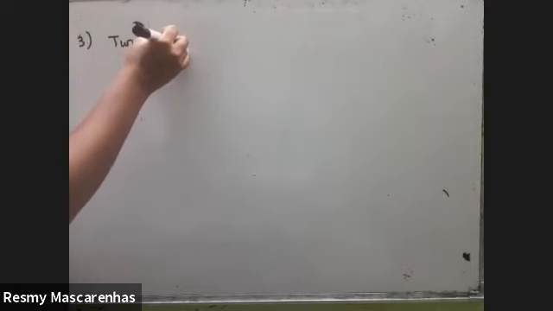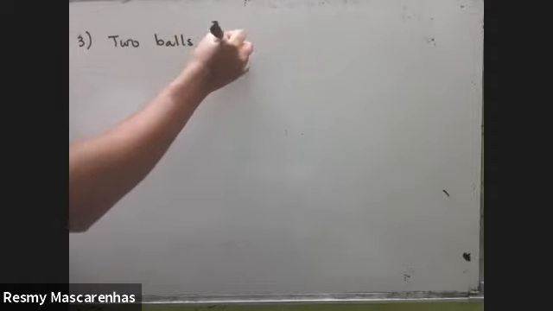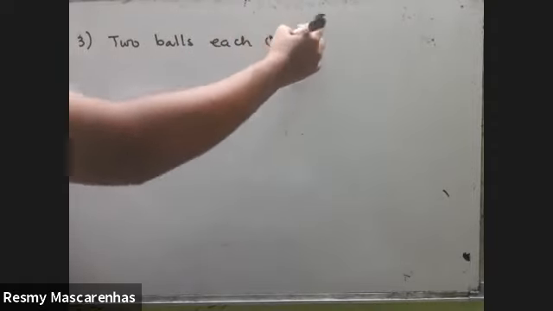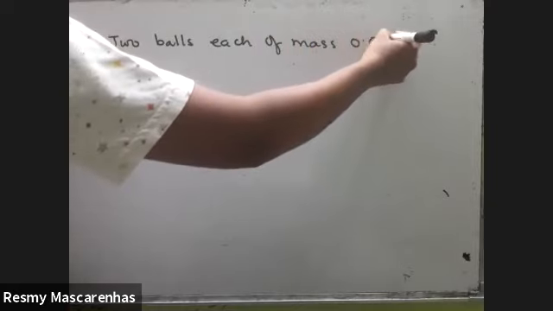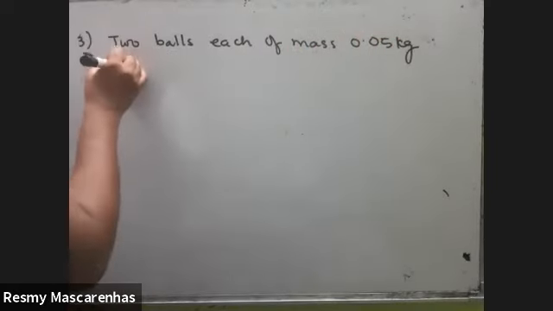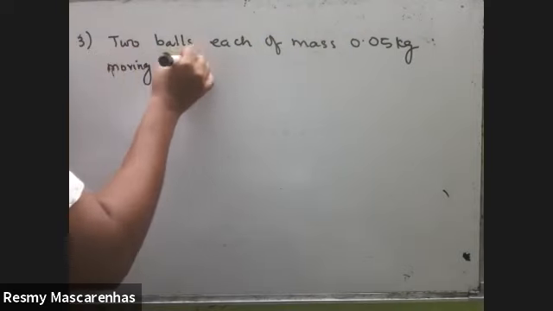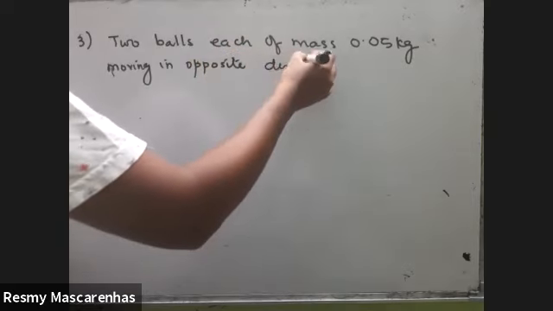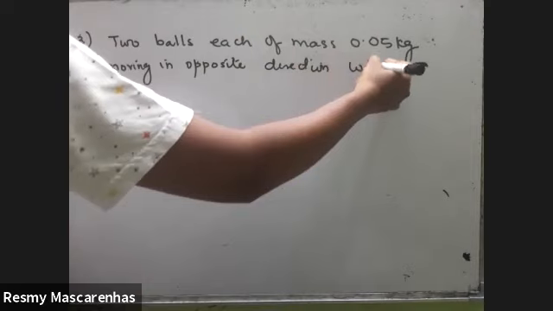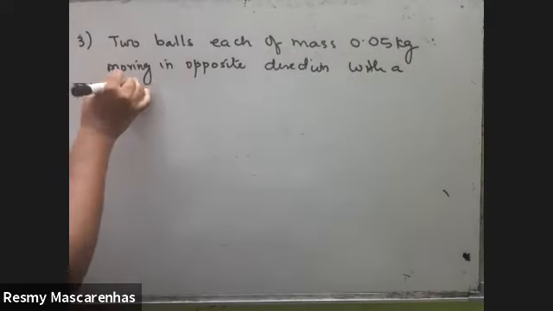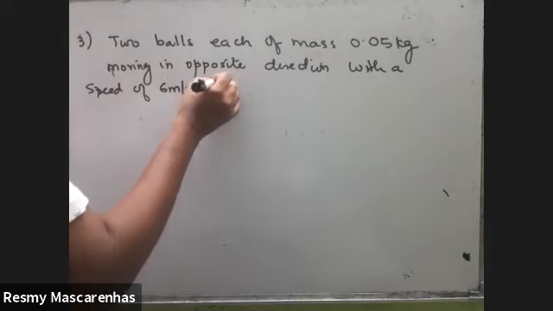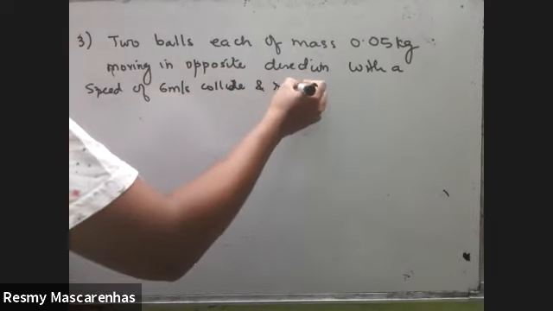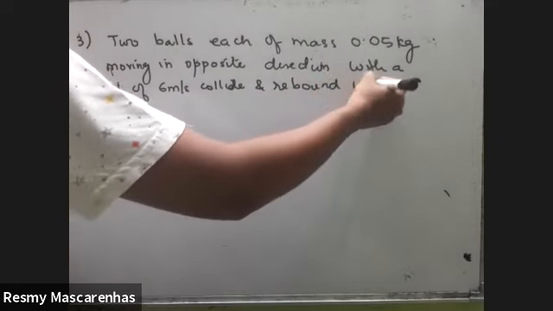Next question. Two balls each of mass 0.05 kg moving in opposite direction with a speed of 6 meters per second collide and rebound with the same speed.